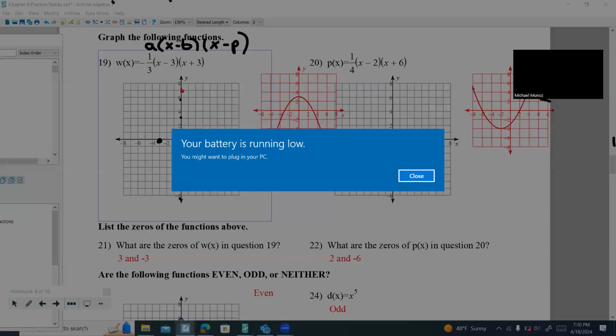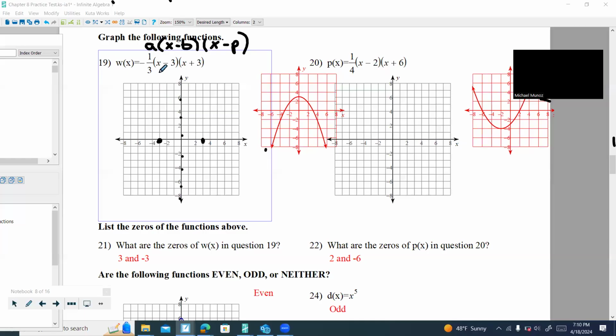To figure out the other number, I'm going to plug in a 0. So this is 0 minus 3 and 0 plus 3, and I have to multiply those. So really I'm taking negative 3 times 3, and negative 3 times 3 is a negative 9.